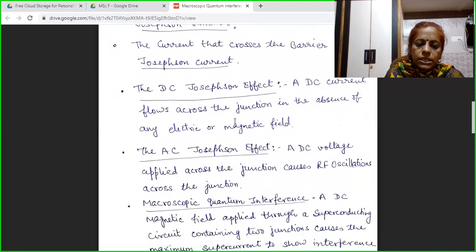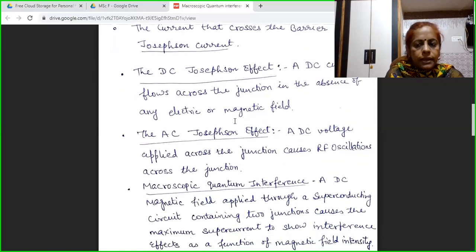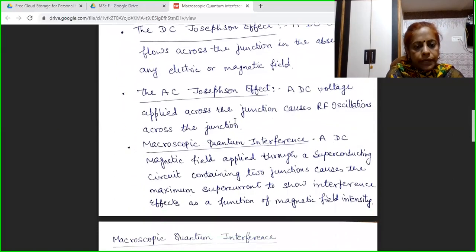Now, based on these two effects and Josephson effect, there is one more effect, which we will discuss in detail today. This effect is known as macroscopic quantum interference. What is this effect? Here, we will take two junctions.